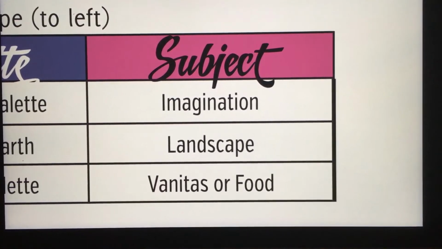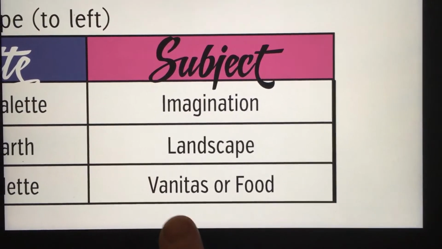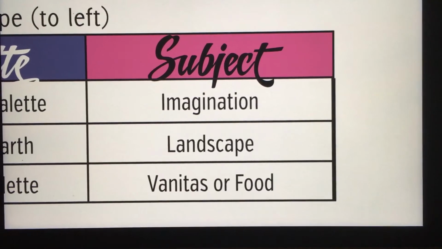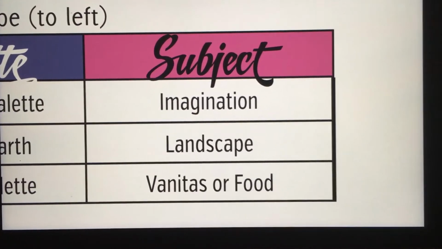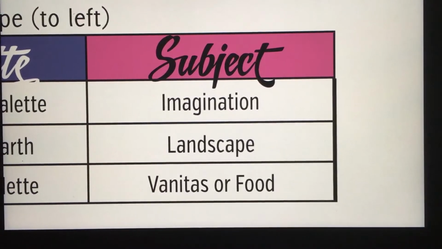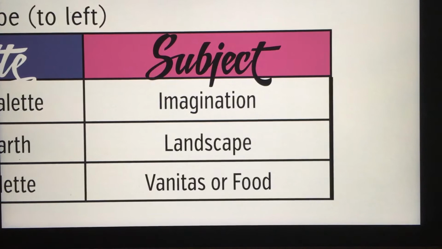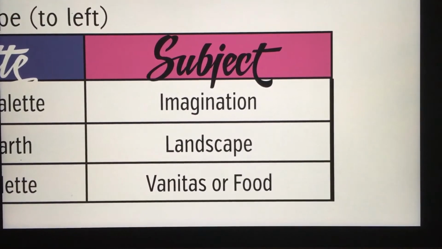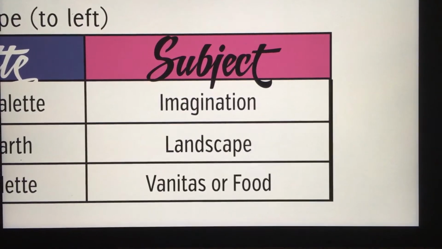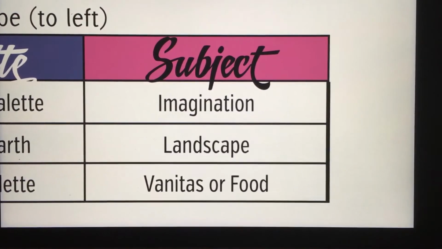If there's an artist that inspires you, you could try to paint like them. Vanitas is basically those type of paintings where you see food or money or things that are very temporary. So it's meant to reflect the brief quality of short lifespan. So that's what vanitas means.